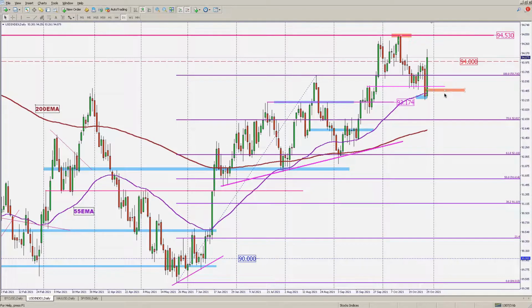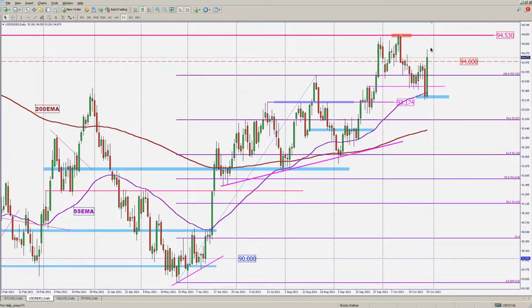That was a strong move from this support level here, which we marked previously as an intermediate support before hitting this swing higher area. We may not need this later on, we'll see.